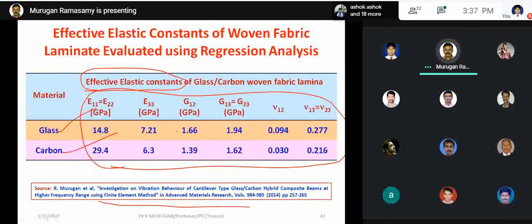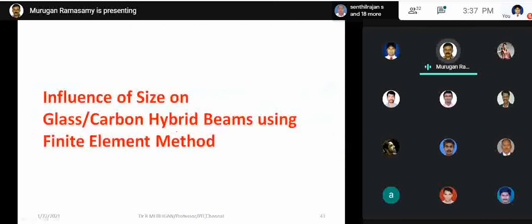And we did one more study also using this effective elastic constant. Once it is arrived, we can do a lot of studies, but we extended only one study. We fabricated only 4-layered laminate, but once we got these effective elastic constants, we can do the analysis for any number of layers.